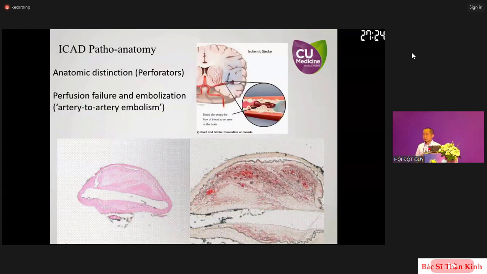So ICAD has its distinct pathoanatomy. You can appreciate this histological section of a middle cerebral artery: the eccentric plaque, a very thin fibrous cap with hemorrhage and lipid deposition within the plaque. Compared to extracranial vessels of the neck, you can see the medial layer is inconsistent and the adventitia is very thin.